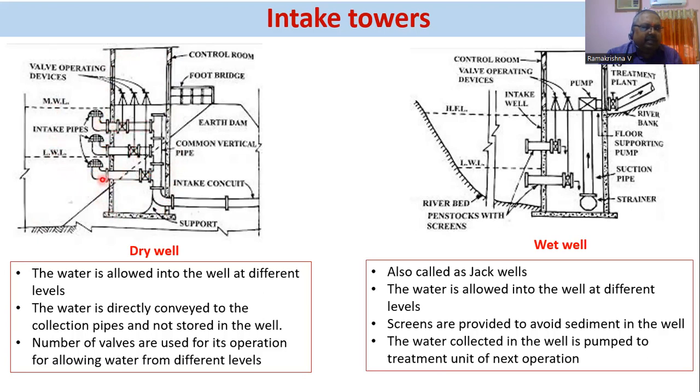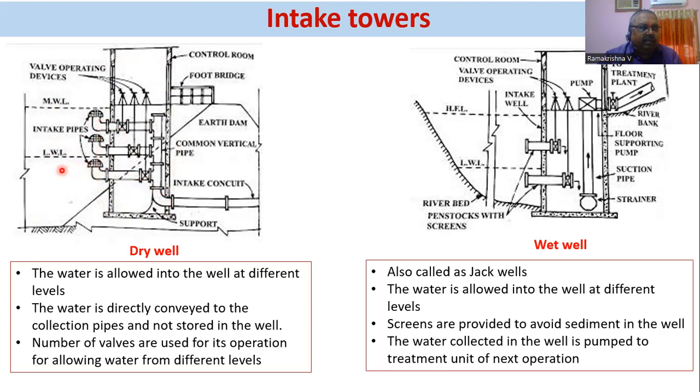There are some strainers provided. This is nothing but a mesh which will stop the entry of silt or sediment into that particular pipe. So why do we have to make so many inlets?